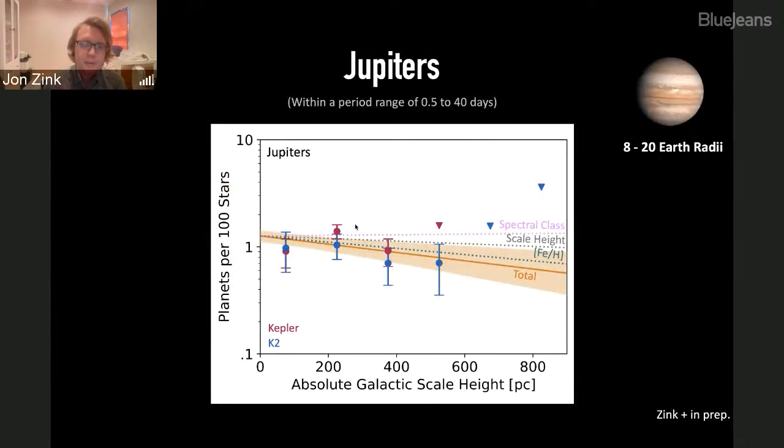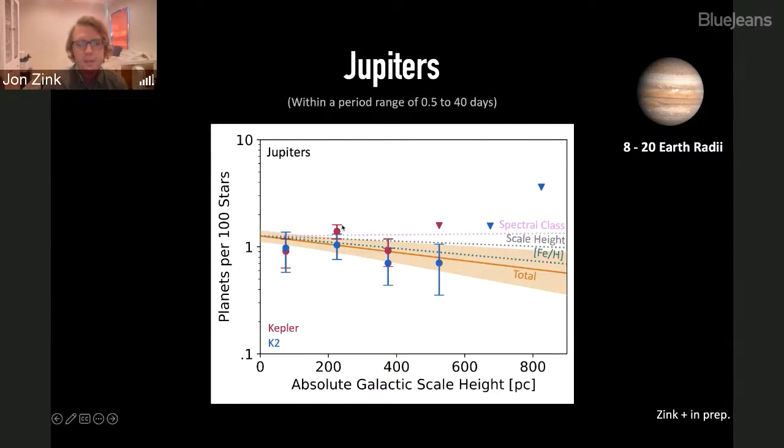Looking at the Jupiter population, we see a minor downward trend as we go up in absolute galactic scale height. Now, this is a weak trend, and the first thought that might come to your mind is, okay, as we go up in scale height, we're also going to go down in Fe over H, so maybe we're just seeing a reduction in occurrence because of metallicity.